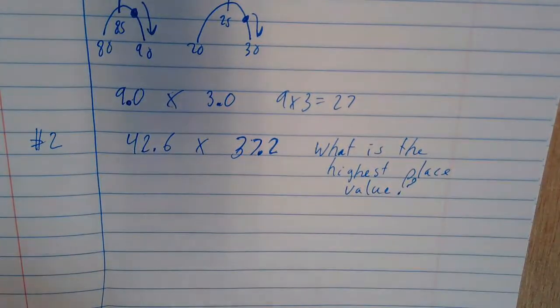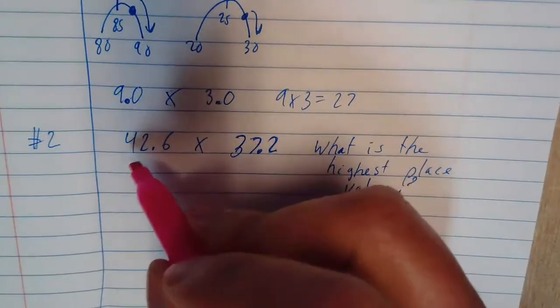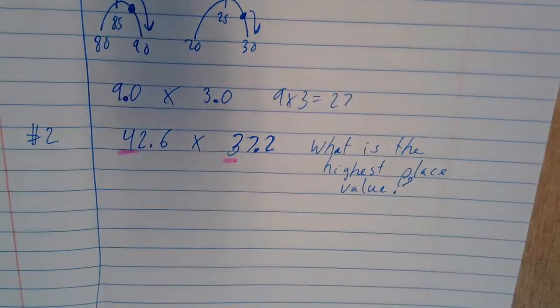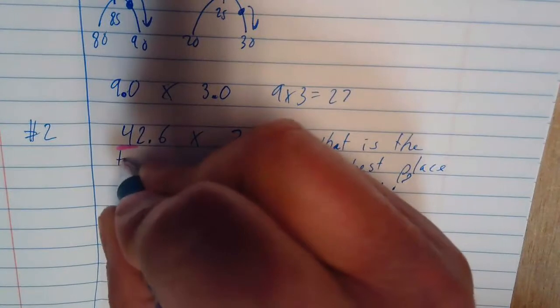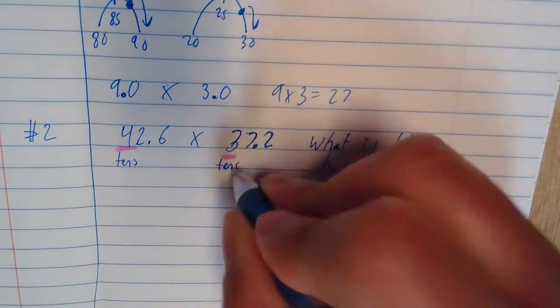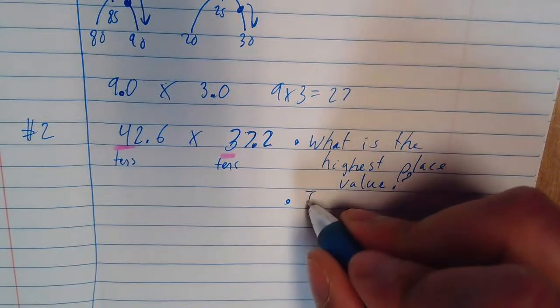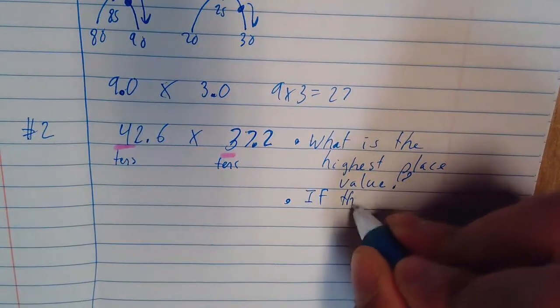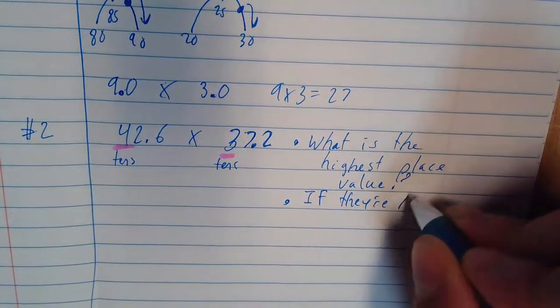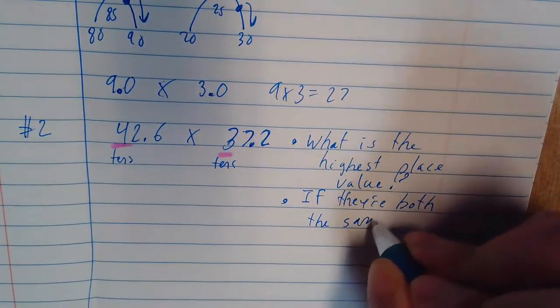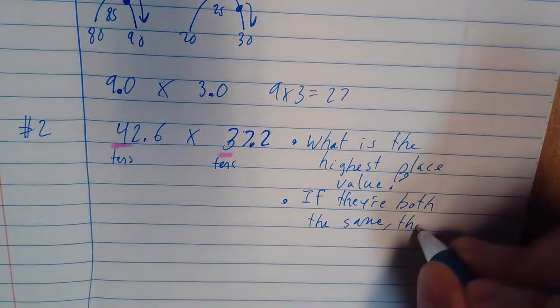That really does matter, believe it or not. All right, I'm looking. The highest place value here is the tens place. And this one's also the tens place. So tens. So I guess we're rounding to the tens place. If they're both the same, that's what you round to.